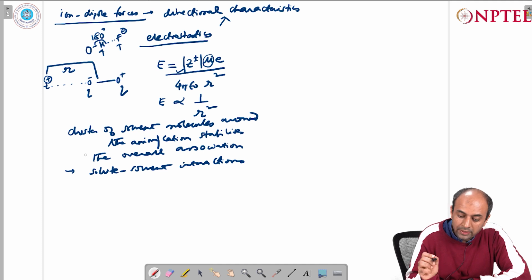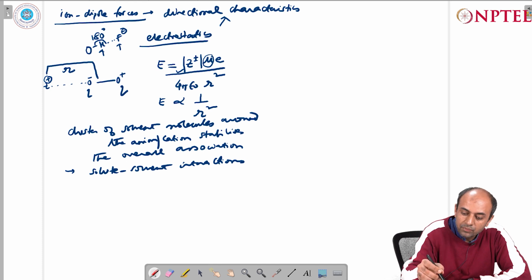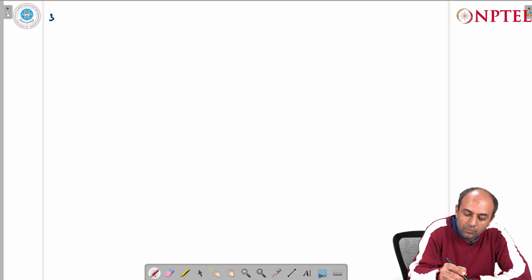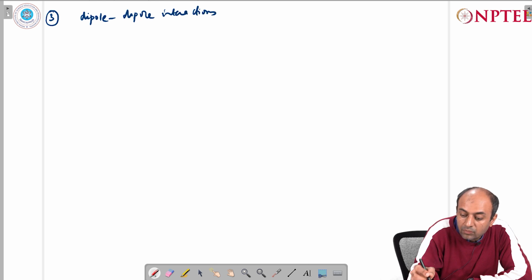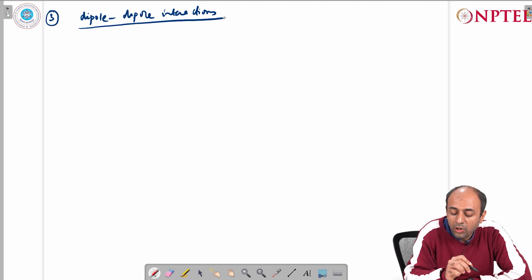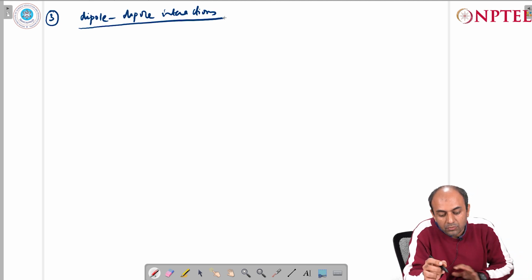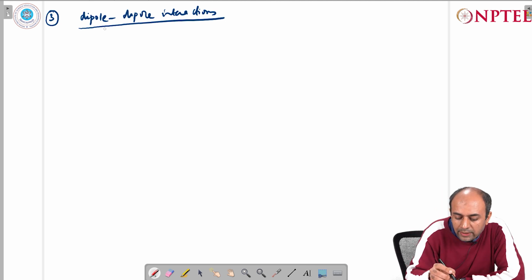So following the ion dipole interactions, we now go to the next classification, that is, we will now look at dipole-dipole interactions, where now we have two individual dipole moments.